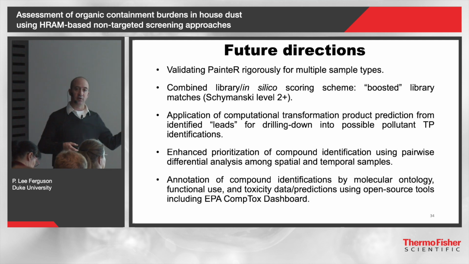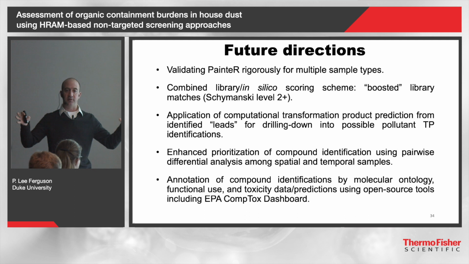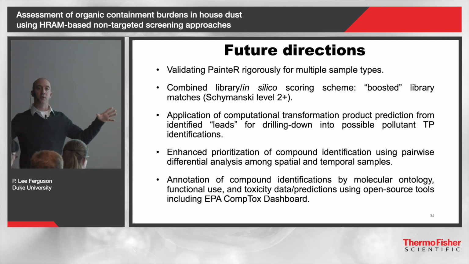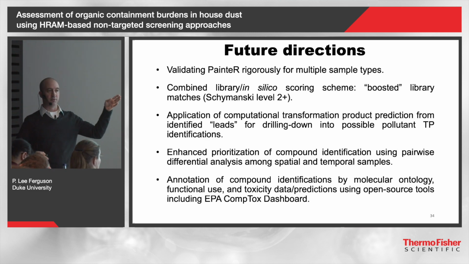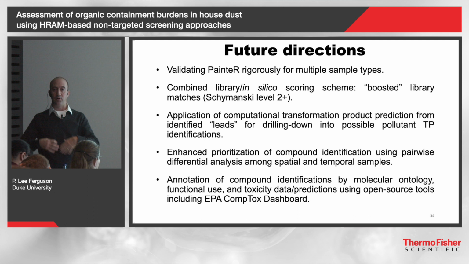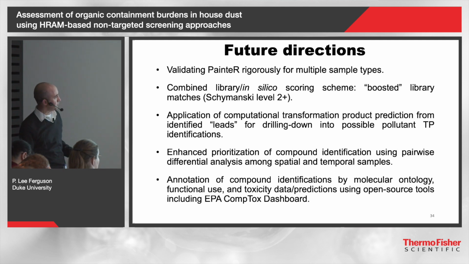One thing we do is take that list of library matches and process them through a tool called BioTransformer, which you can use to specify transformation rules, either environmental, human gut, or cytochrome P450 mechanisms. And then we go back and retroactively screen our data set for all those transformation products.